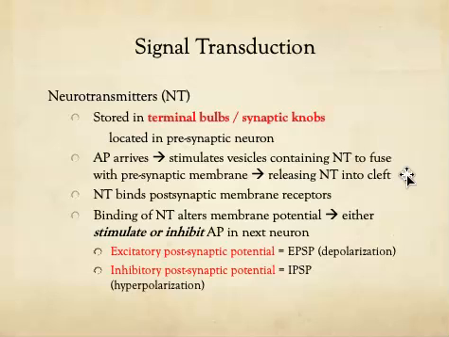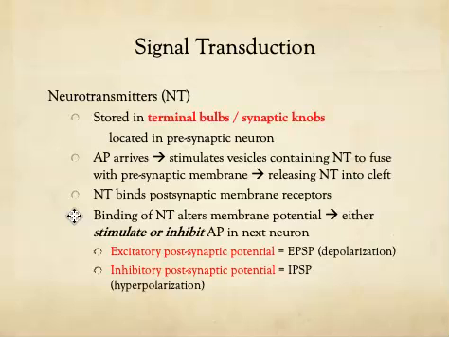Now, that neurotransmitter will pass across the cleft and it will hit the postsynaptic membrane. It's a chemical, and chemicals bind to receptors. Neurotransmitter is going to bind to receptors on the postsynaptic membrane.